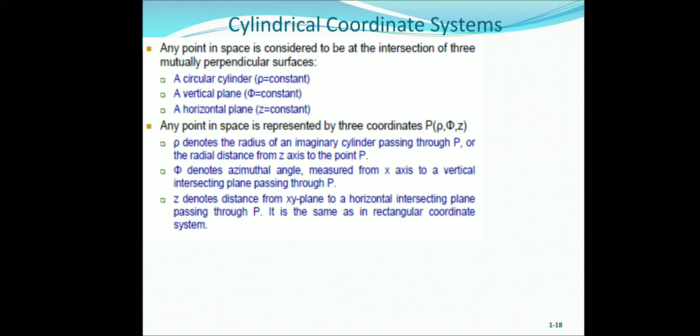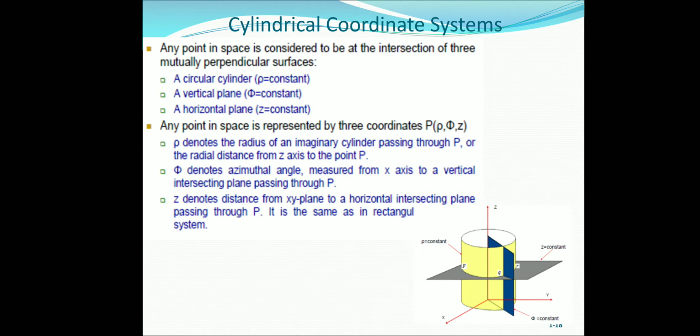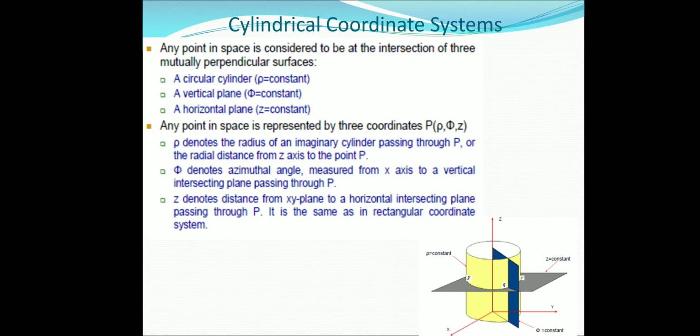So we can see the cylindrical coordinate system. You can see the three planes. The yellow one represents a cylinder having radius rho, the ash color represents a horizontal plane where z is constant, and the blue represents the vertical plane, perpendicular to the xy plane, that makes an angle phi with the x-axis, that is, phi equal to constant.